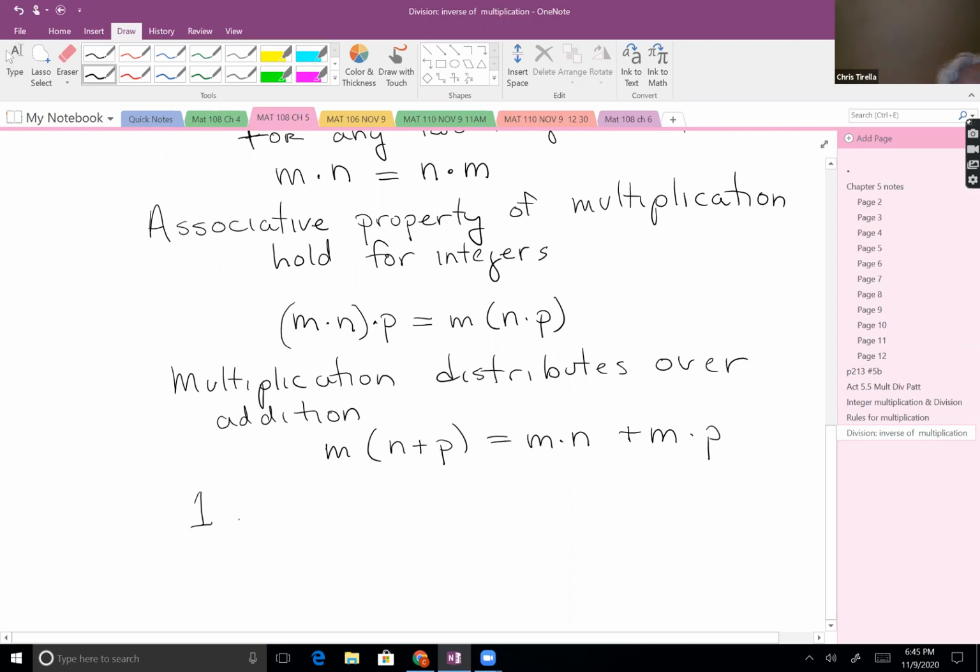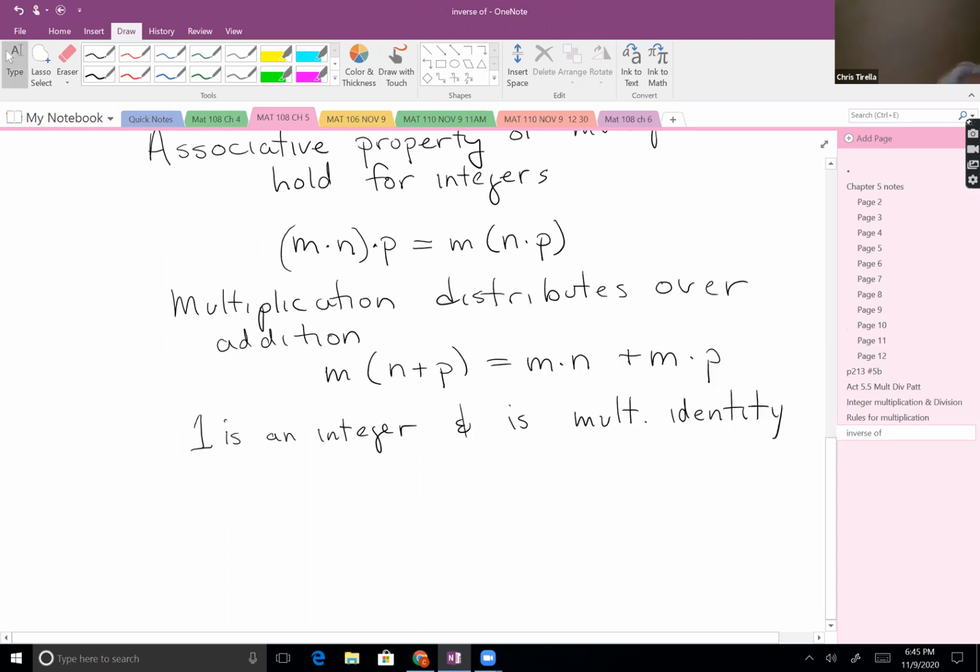One is an integer and is the multiplicative identity. And if I multiply by 0, the product will be 0.